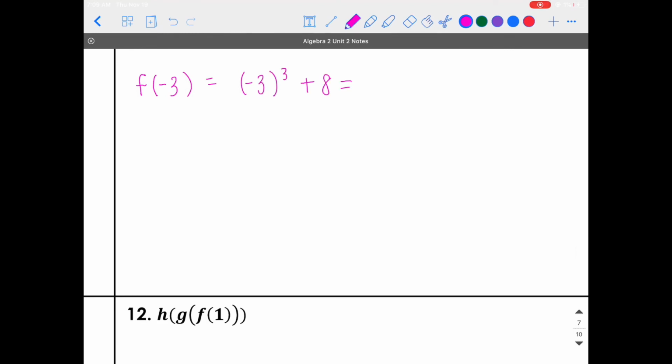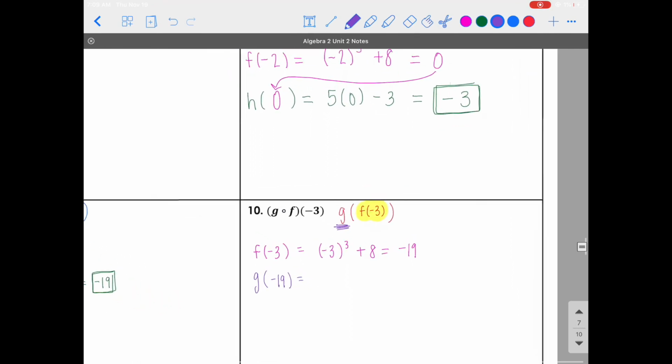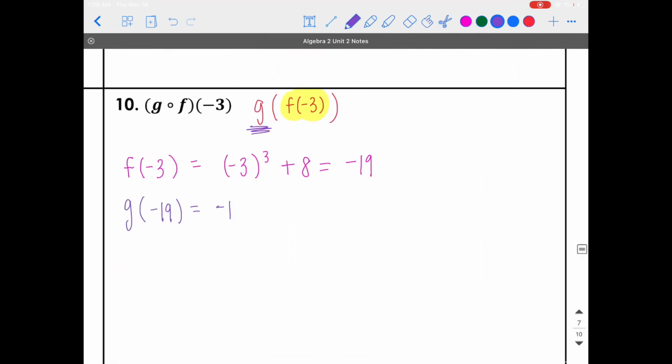We just found that one, and it's negative 19. And so I'm going to take that negative 19 and use it in the g function. And g is x minus 1, so negative 19 minus 1 is negative 20.